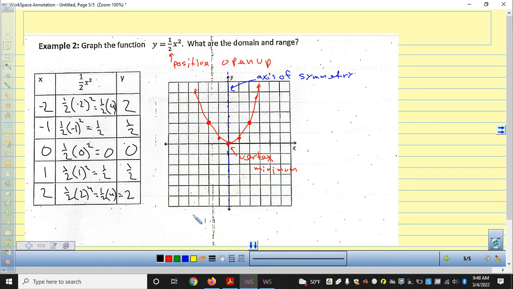The vertex is at 0, 0, if they ask where the vertex is. The domain of this function: I can plug any x value in here and I don't end up with a problem. I'm not dividing by 0 or taking the square root of a negative. So the domain is all real numbers.